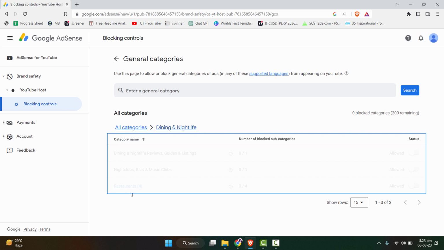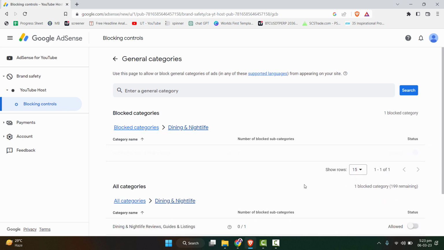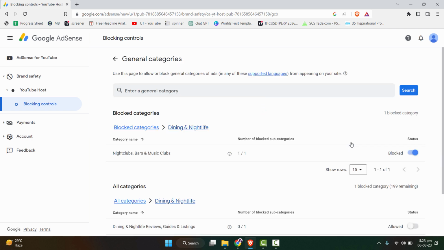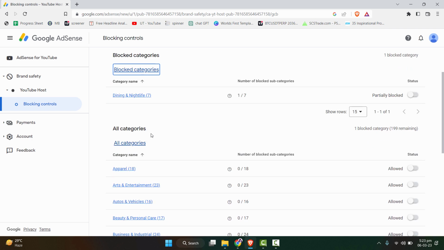Now it seems okay, but you can check the further categories here. Dining and nightlife, let's say this is okay. Reviews, guides and listings. But nightclubs, bars and music, not allowed. So just block this and go back. Now click on general categories again.